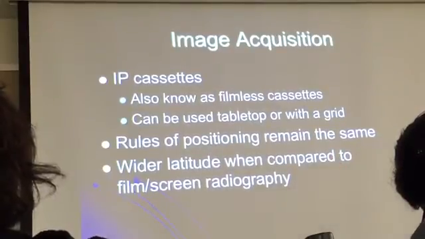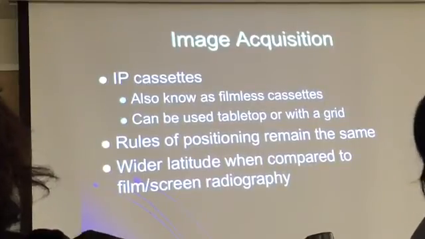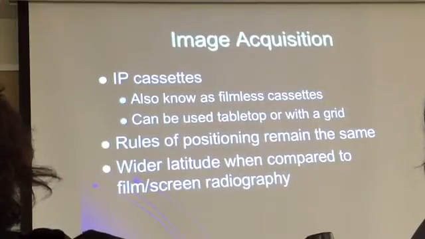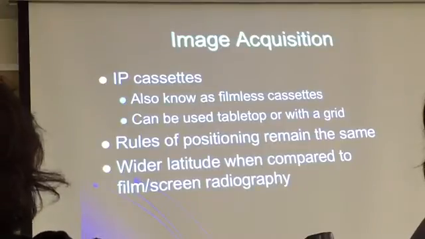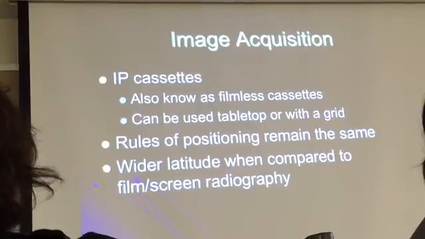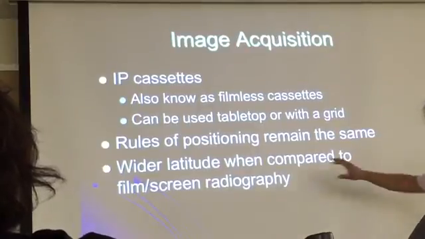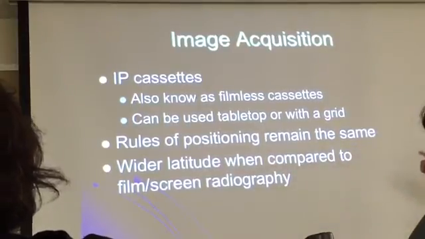Now, listen carefully, don't take this wrong: your screen might not be able to display it, but the system is able to acquire a lot more densities than film did.